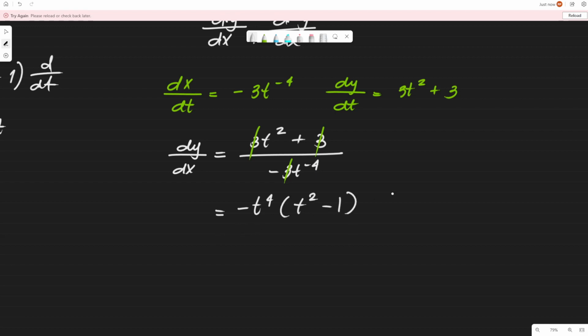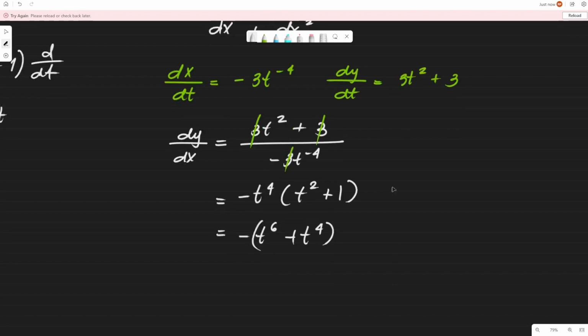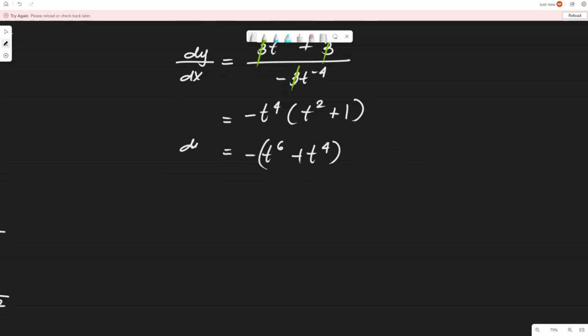So that is simply negative t to the sixth minus t to the fourth. Okay, so this is our dy over dx.